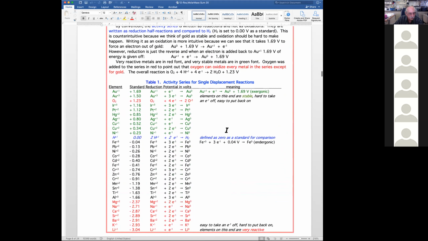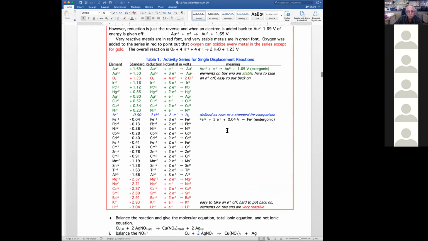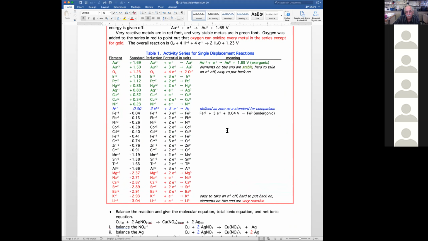And with the activity series, of course, you do not have to memorize this. But you should know what the jewelry metals are. You have some experience with iron and lead and things like that.